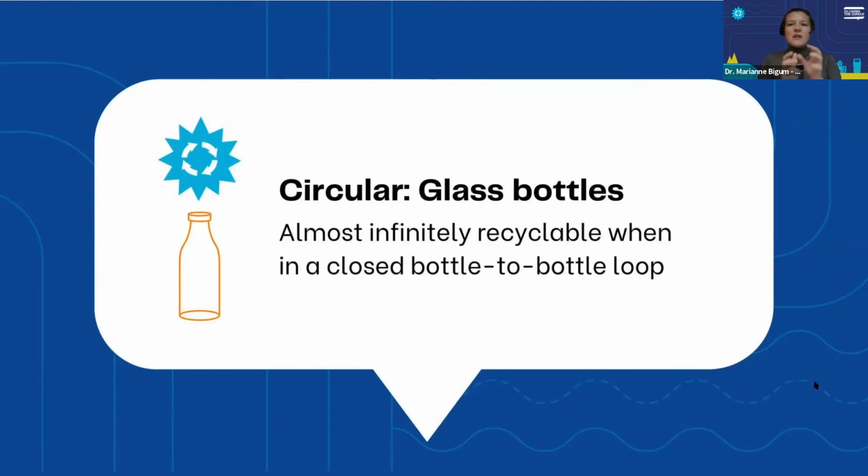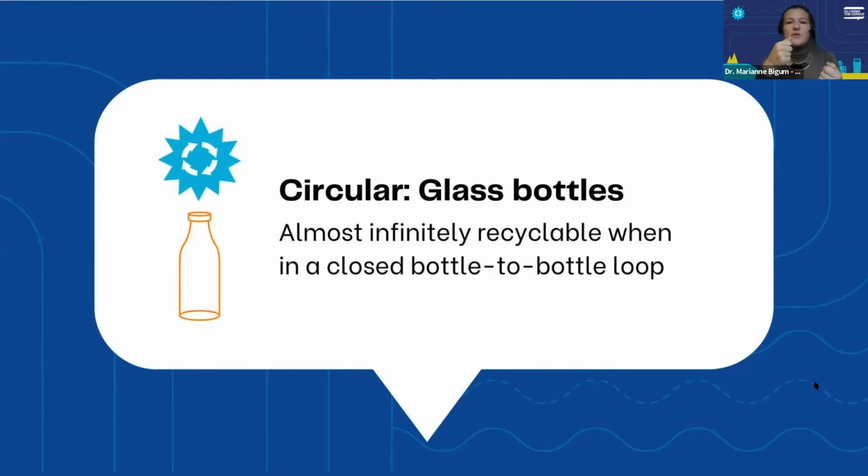It is circular in the way that it's designing out waste and pollution because it's reusable. It's circular because it's aligning with principle number 2 on keeping products and materials in use, and that is really a multi-use product. So that means that it's reducing the need for virgin materials.